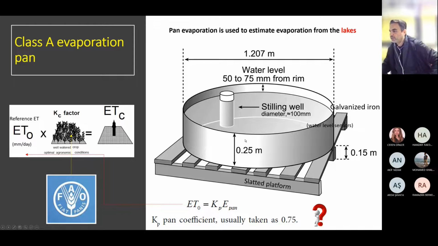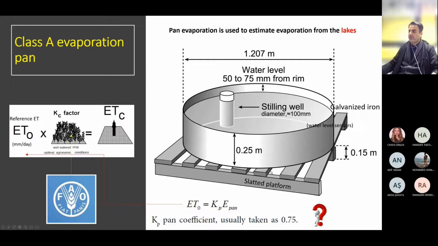And this is a class A pan, and with this pan we assume that we model a lake here, and how much the evaporation is in this pan can be transferred to the prototype, a real lake, to calculate evaporation from a lake.